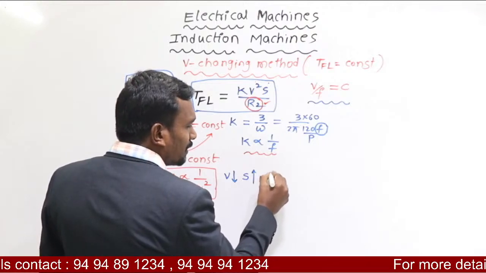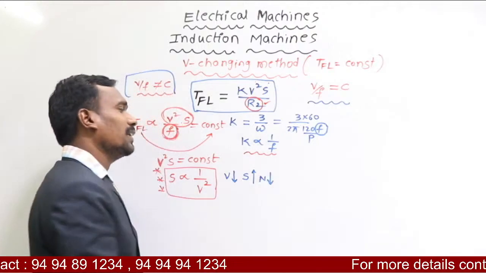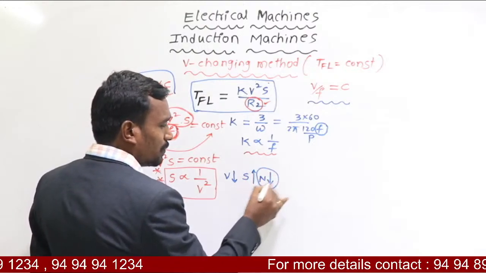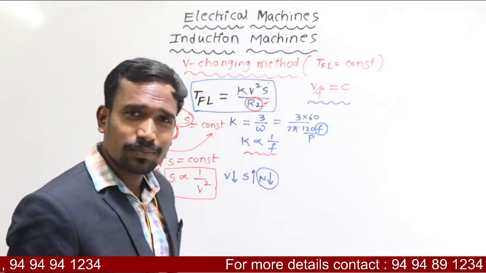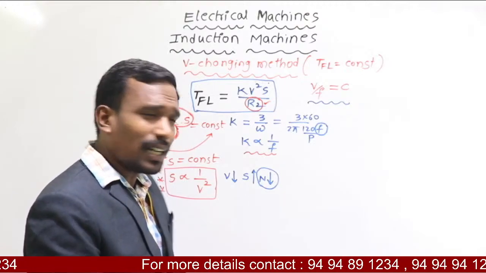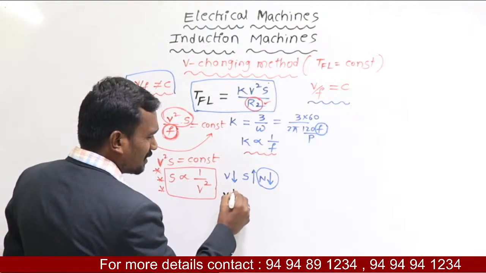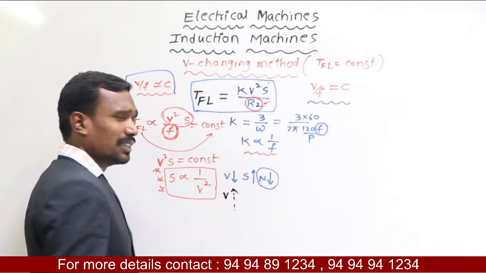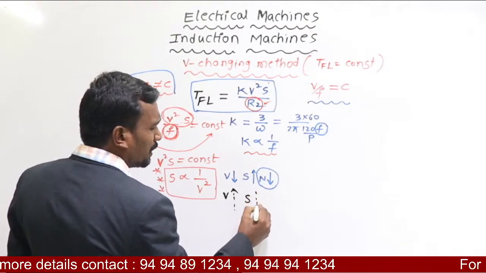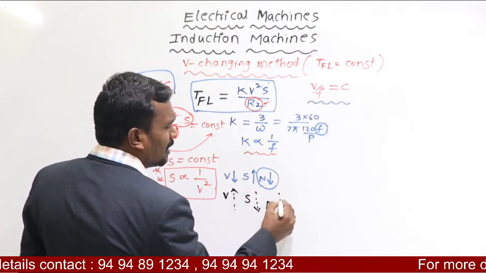When slip increases, speed automatically decreases. Like this, we can control the speed. Now you have one doubt, sir. If voltage increases, what happens? Very simple, if voltage increases, slip decreases. If slip decreases, then speed increases.